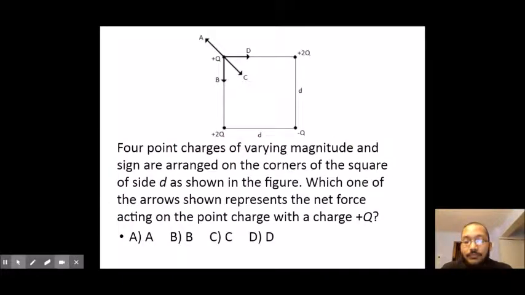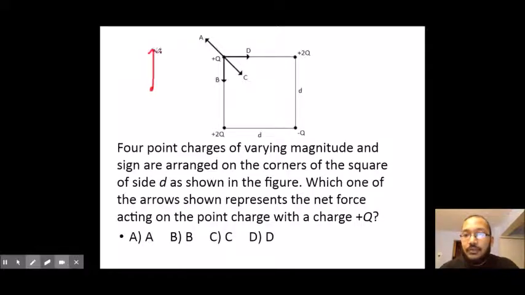This one's kind of a review of just Coulomb force, kind of a vector question. So take a second to read it over. Okay, so the net force on this charge over here, there are three other forces acting on it. So if this is the charge Q, then the bottom plus 2Q is exerting a force upwards.